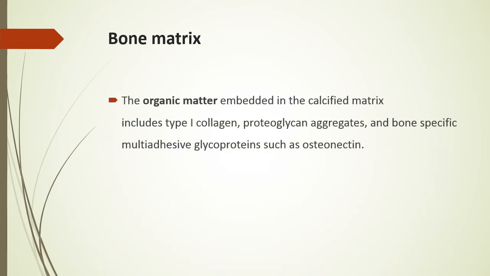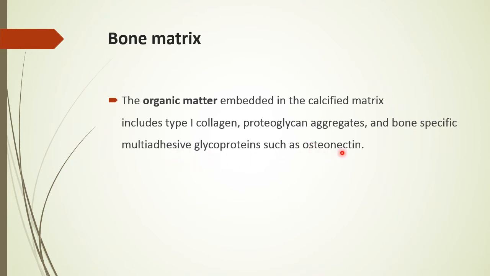The organic matter embedded in the calcified matrix includes type 1 collagen, proteoglycan aggregates, and bone-specific multi-adhesive glycoproteins, osteonectin.